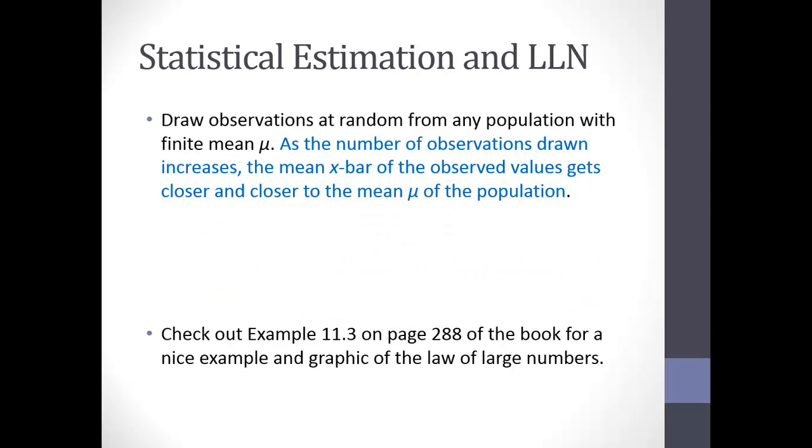This is a term thrown around. I feel like I often hear sports commentators say something about the law of large numbers, and I feel like they often get it wrong.